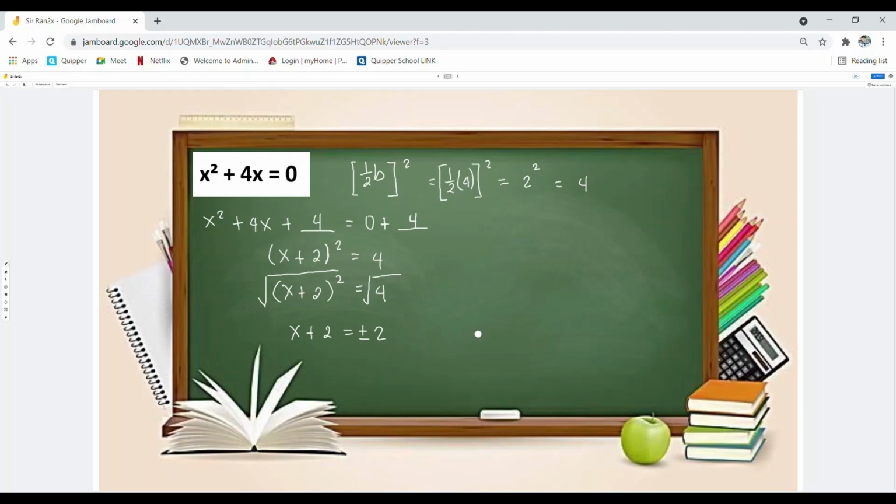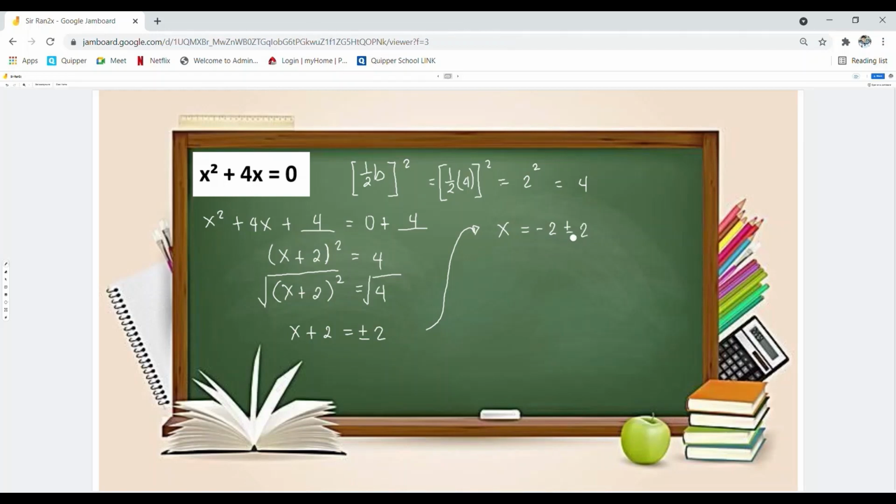So what are we going to do after we were able to get the square roots? Since you notice that there is still plus 2 in the left side, you need to isolate x by transposing 2 to the other side, and then you can solve for the x's. So that becomes x is equal to, when you transpose that 2, that becomes a minus 2, and then you write the plus or minus 2, and that is how it looks now.